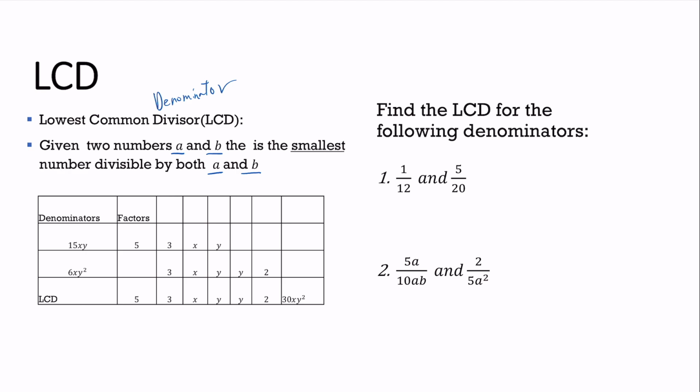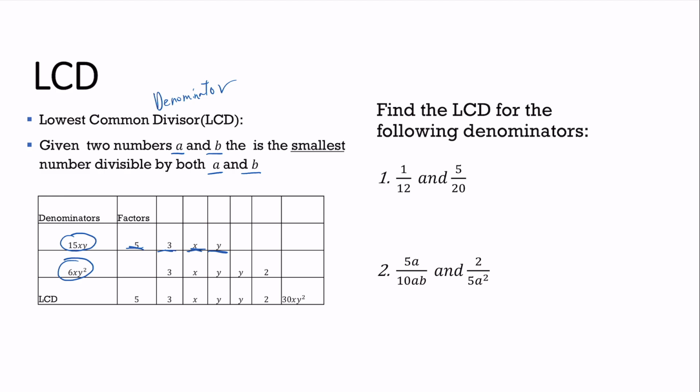So one example I have is, let's say A was 15xy and B was 6xy squared. What I want to do is break that apart into its factors in order to determine the smallest number that's divisible by both. So 15 factors into a 5 and a 3, and then I have one x term and one y term.